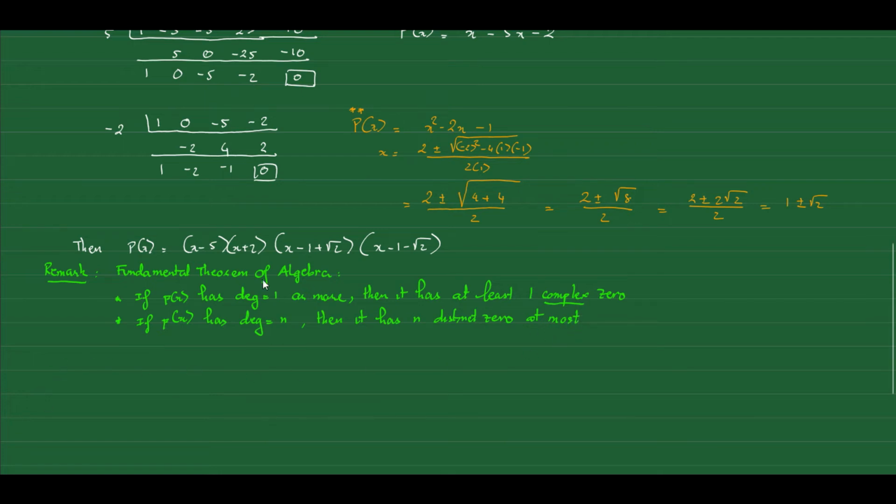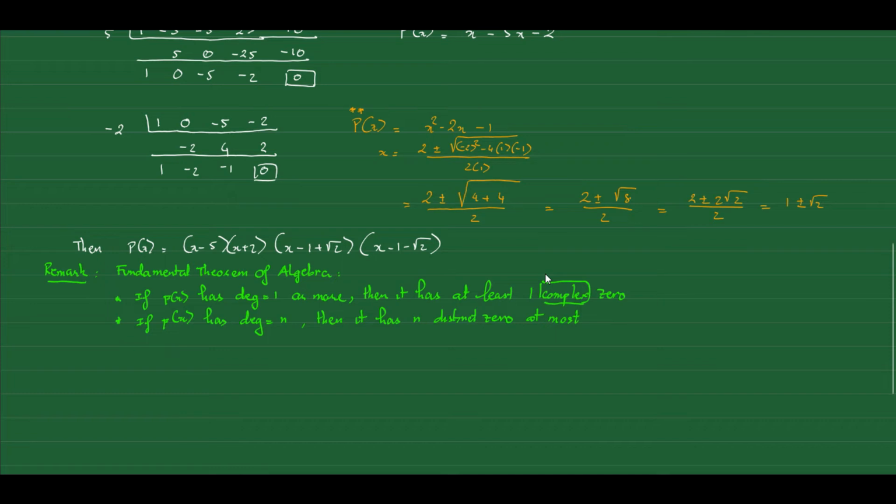Okay, these two pieces of information are very important, but it's pretty confusing because of the term complex right over here. If the degree is 1 or more, then it has at least one complex zero.